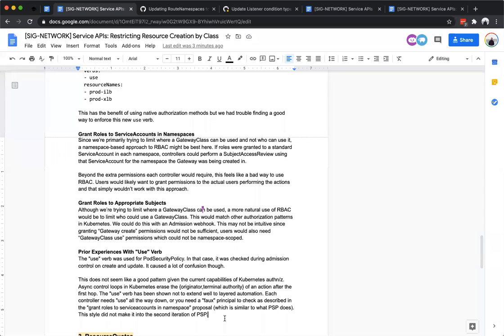And although we have used the use verb before, notably in pod security policy, they ended up moving away from it because it was a common point of confusion and frustration. So the feedback from Mike was that although this technically works, it may set us up for more problems down the road and more user confusion, and we already have an example of this being tried and moved away from.